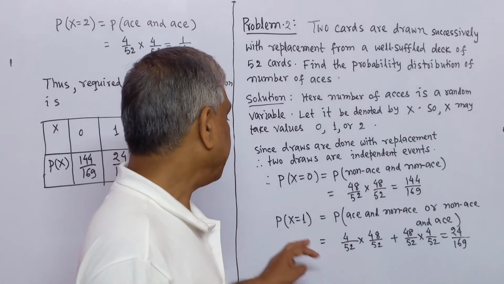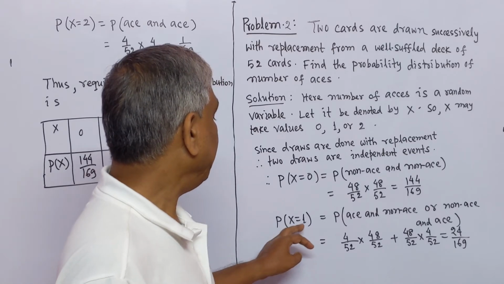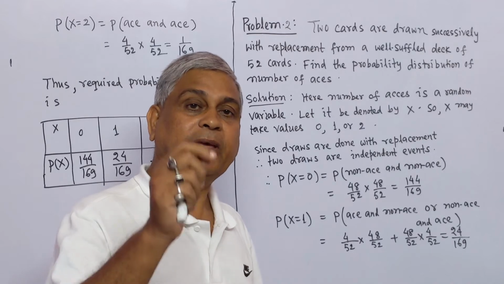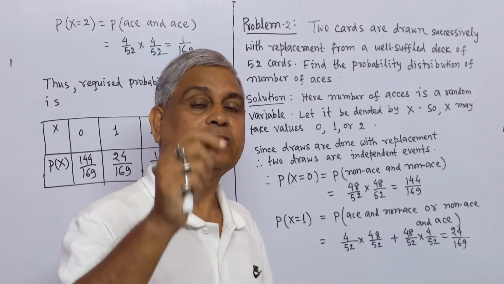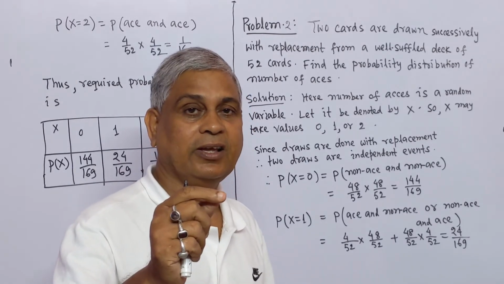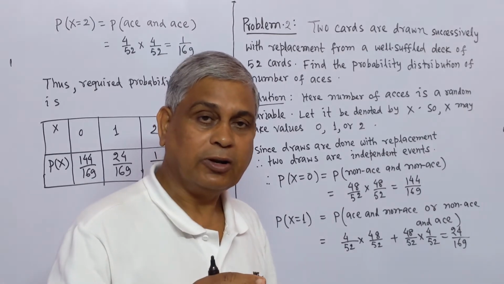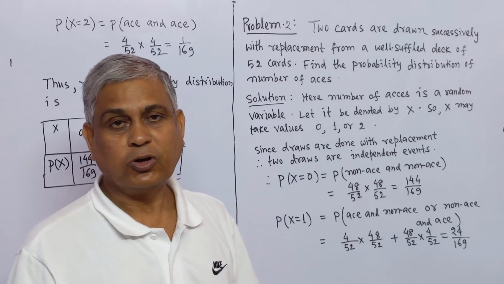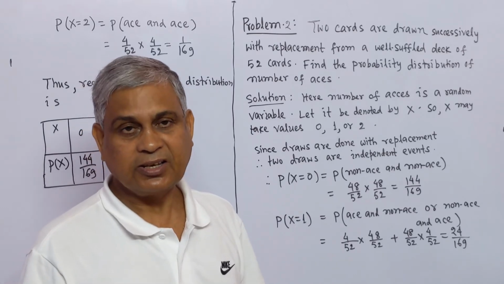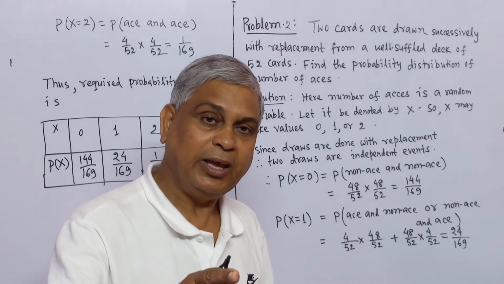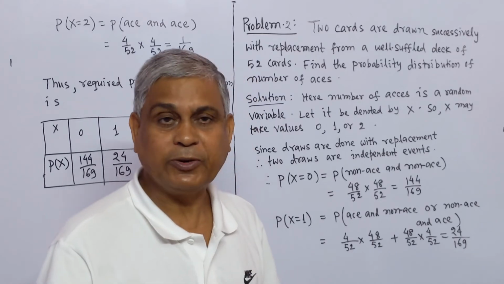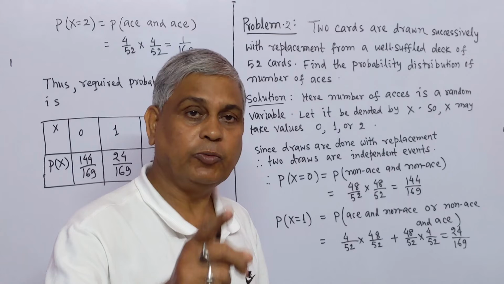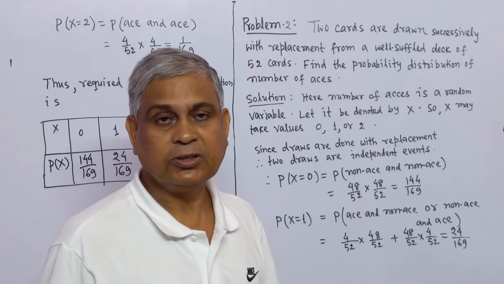Now the second case, probability x equal to 1, the value of the random variable is 1, meaning one S. It is possible that in the first draw we get an S, and that probability will be 4 by 52, since the number of S's is 4.